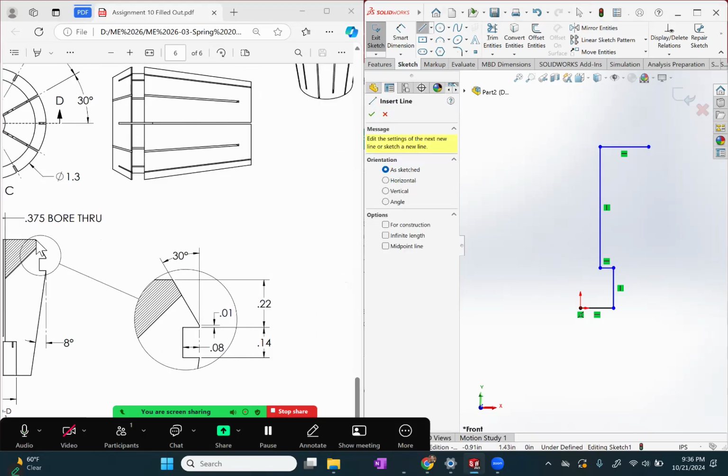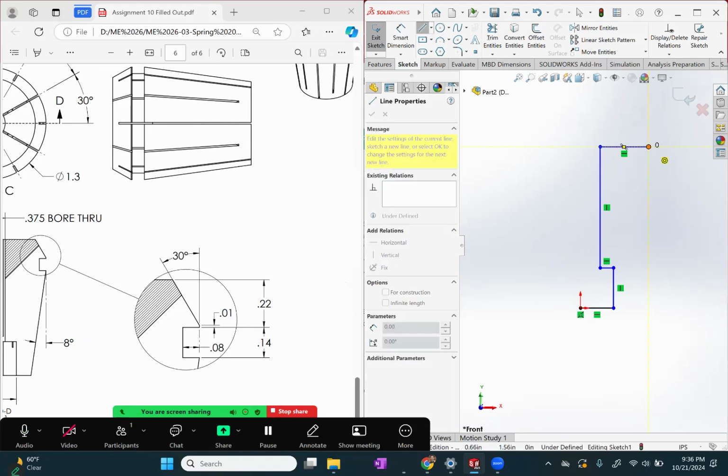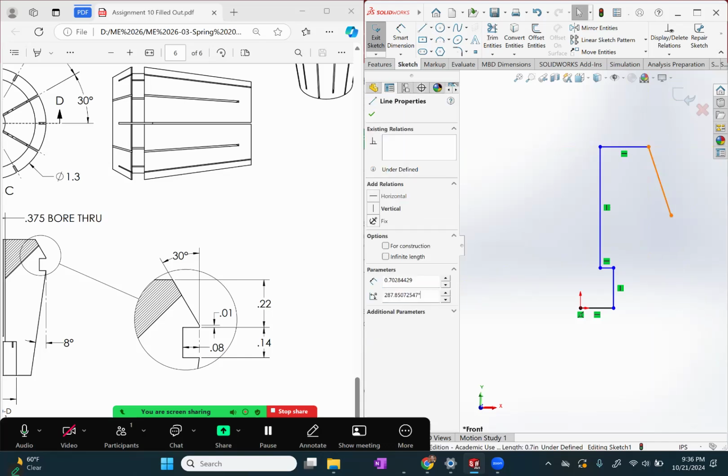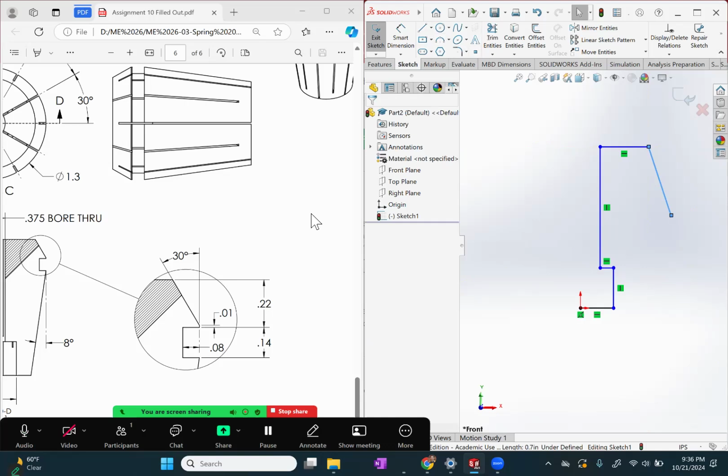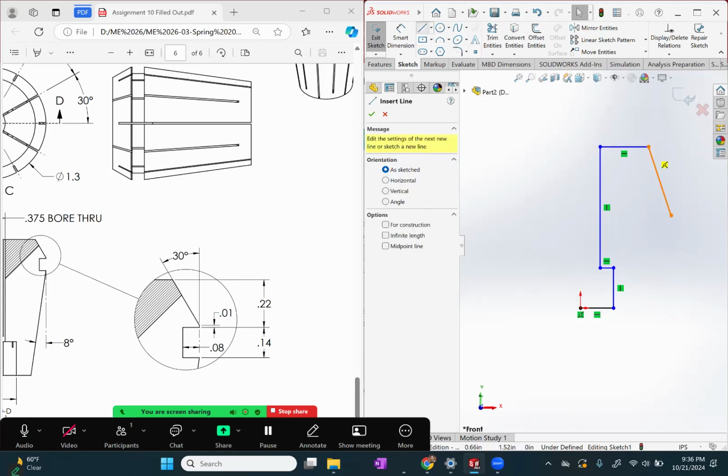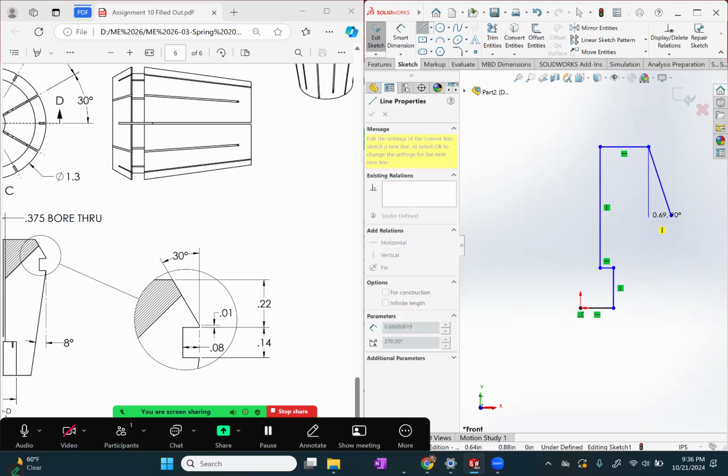So we know we're at this point. Let's draw a line. I'm not sure on the length yet, so I'll just eyeball how far I want to make it. But the important thing that we do know is the angle. It's 30 degrees. If I were to make a line vertically, that would be 270 degrees.